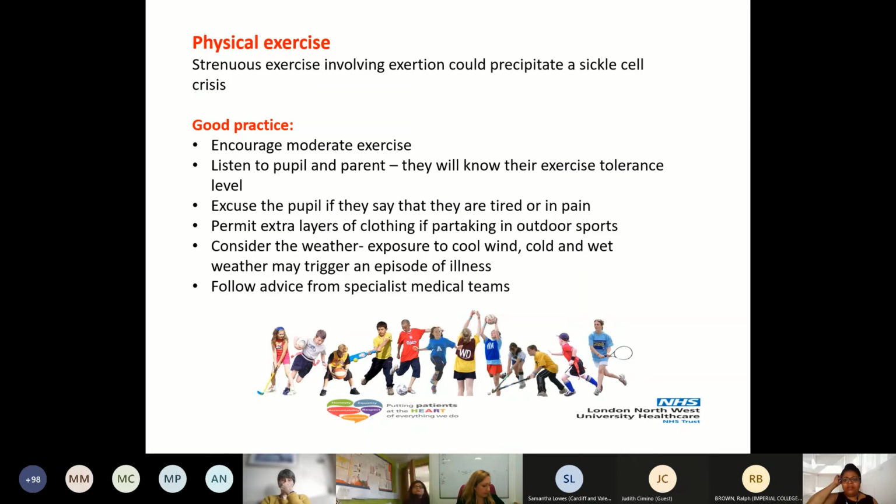If the child says they're tired after doing games or PE, please give them time to rest or excuse them. So they're not feeling excluded, because they have anemia, and although it doesn't show all the time, it can affect them. They tire much easier than the other children without sickle cell.